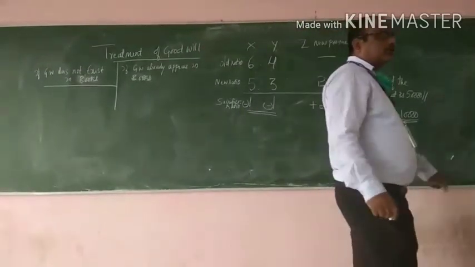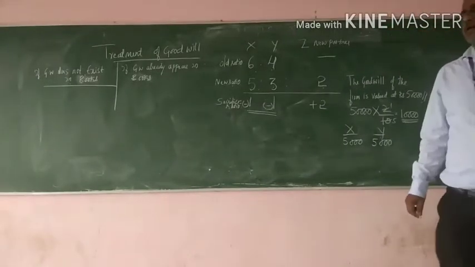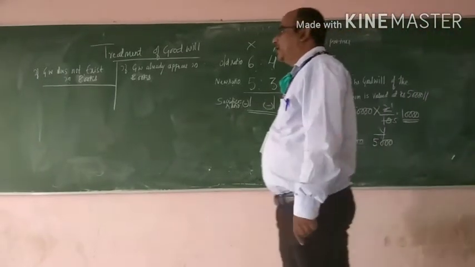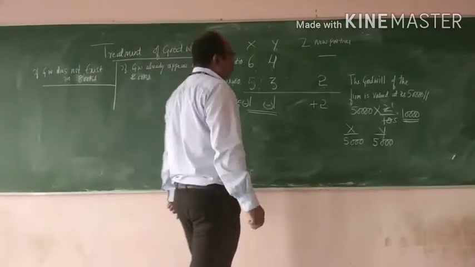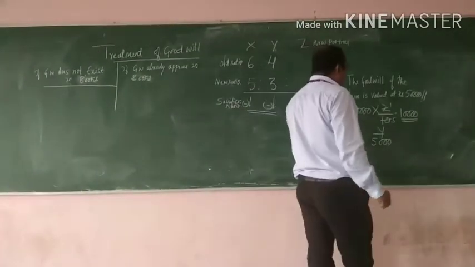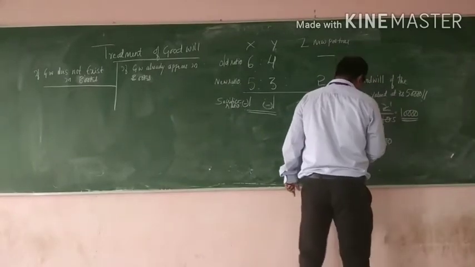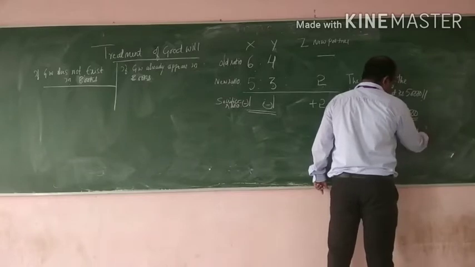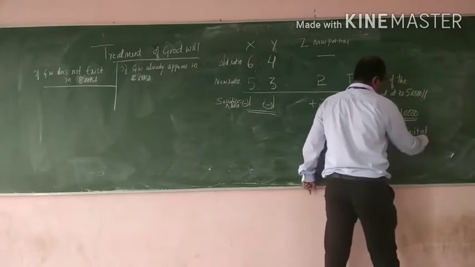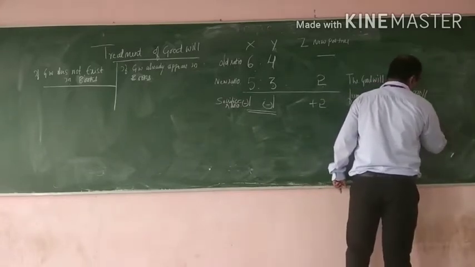That amount is called goodwill. The extra amount over capital is called goodwill. So in this example, let us consider he is bringing capital, Z capital equal to 50,000.